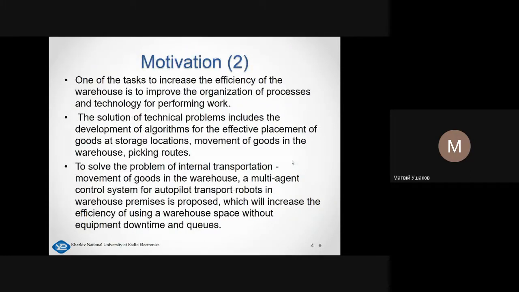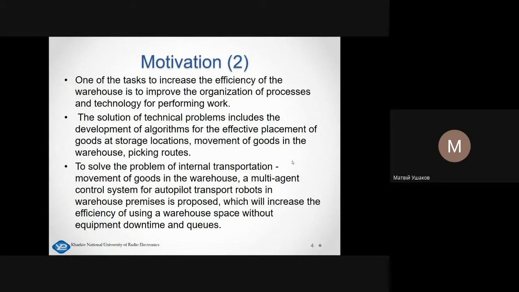One of the tasks to increase the efficiency of the warehouse is to improve the organization of process and technology for performing work. The solution of technical problems includes the development of algorithms for the effective placement of goods at storage locations, movement of goods in the warehouse, and picking routes.